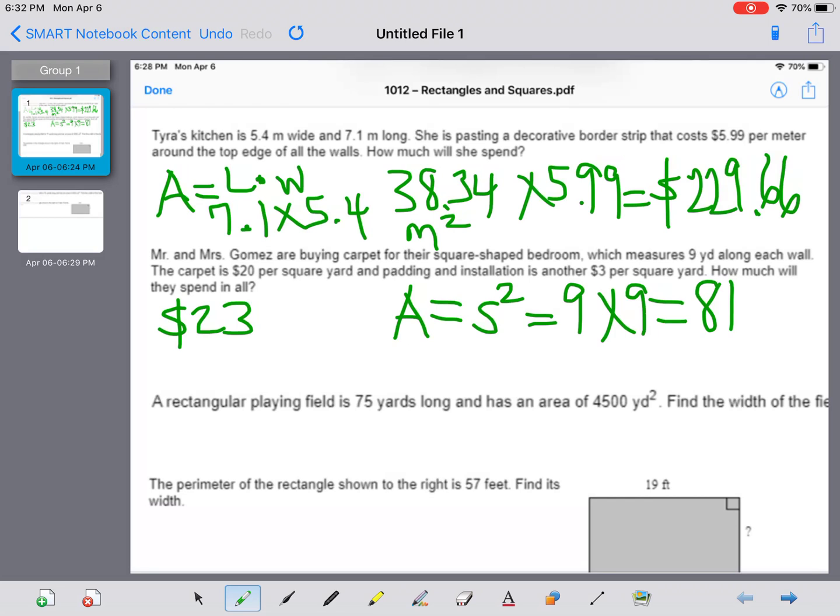So 81 square yards is the area of the bedroom. Now to find the total cost, you take 81 and multiply it by 23. So it will cost them $1,863 for carpet, padding and installation total.